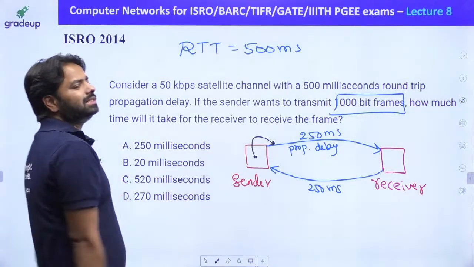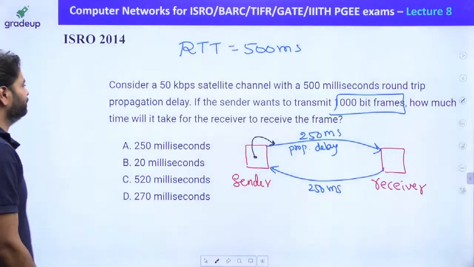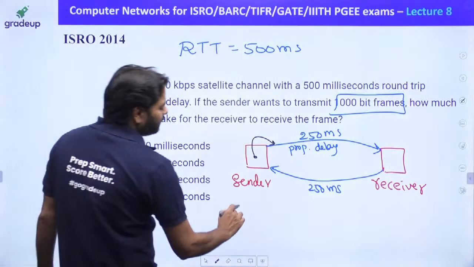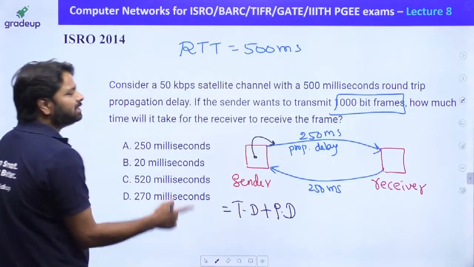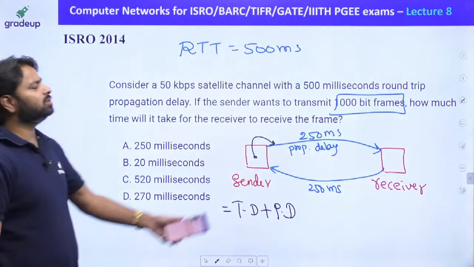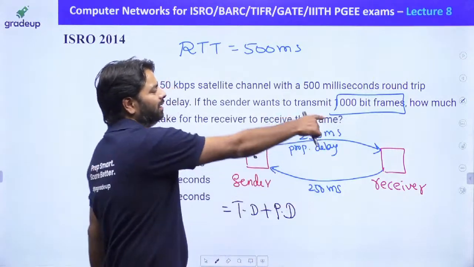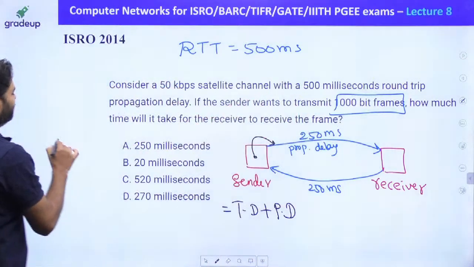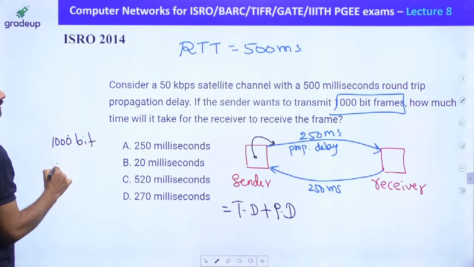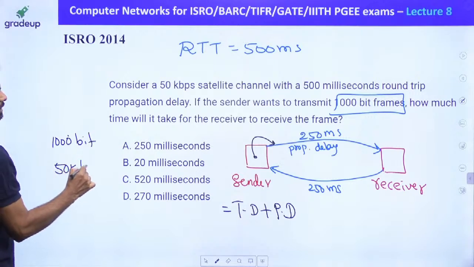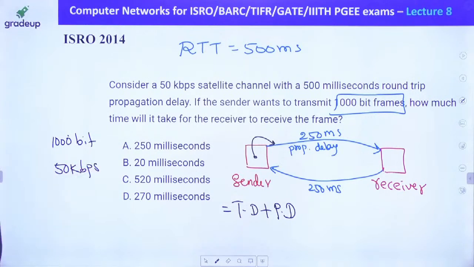What is the transmission delay now? Transmission delay plus propagation delay. And transmission delay you need to calculate: 1000 bits of frames, that 1000 bit size you need to transmit with 50 kbps speed.